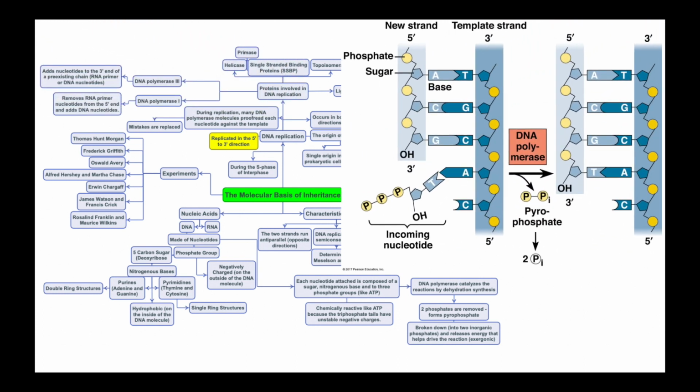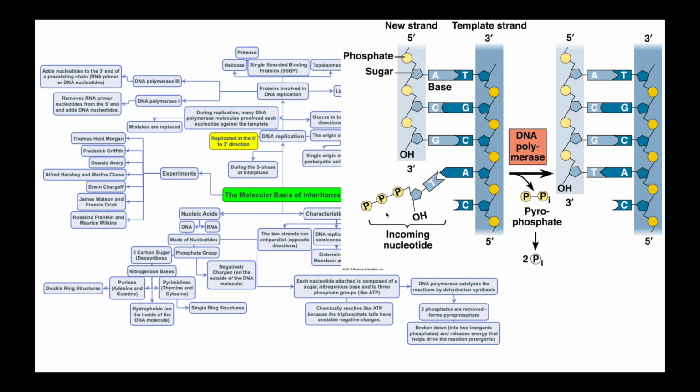So taking a look at the characteristics of DNA here, we can see that our DNA strands are going to run 5' to 3'. On the other side, it's running 5' to 3' as well. We'll talk about that in a moment. But each nucleotide is going to consist of this 5-carbon sugar, nitrogenous base, and then 3 phosphate groups, just like ATP.